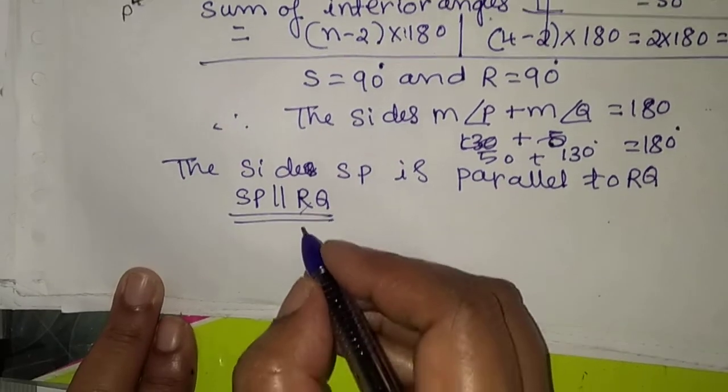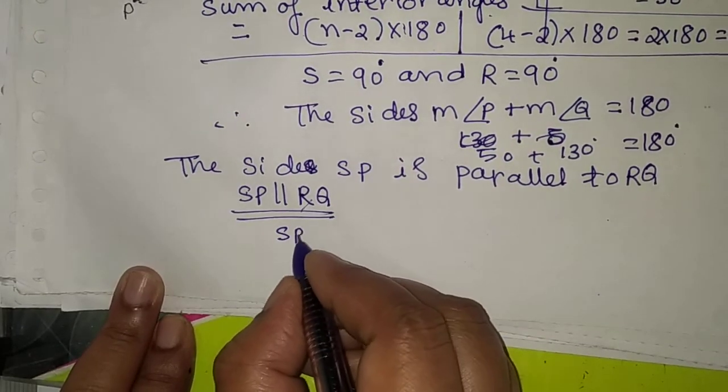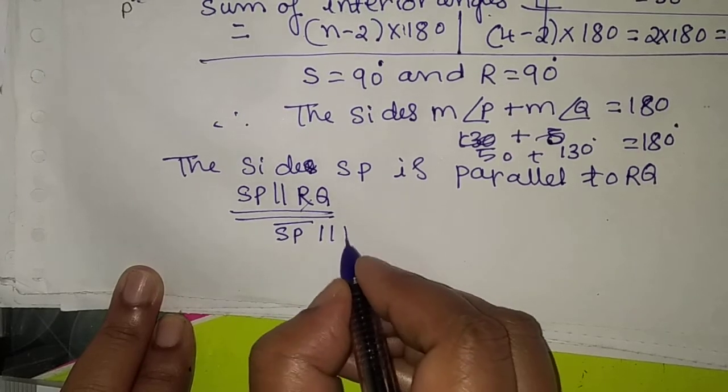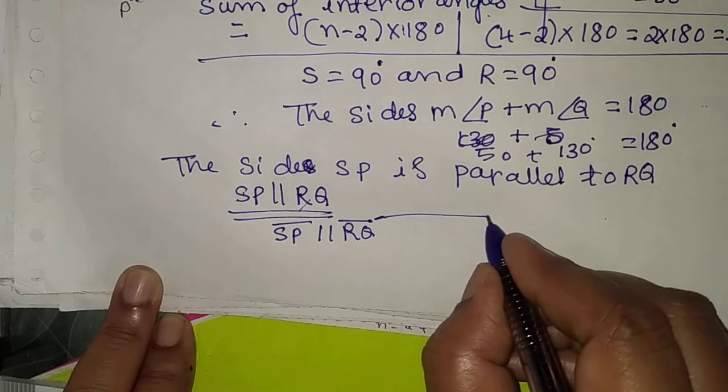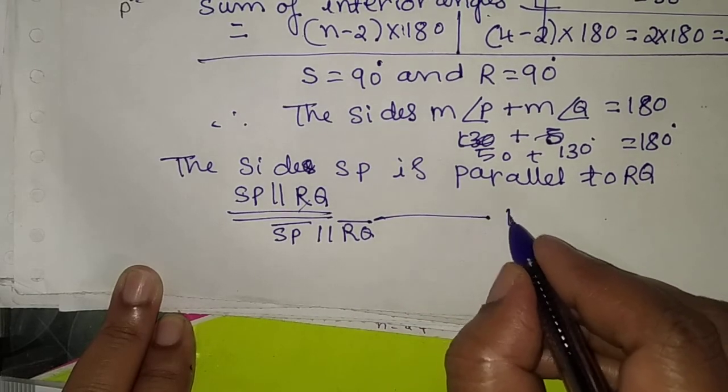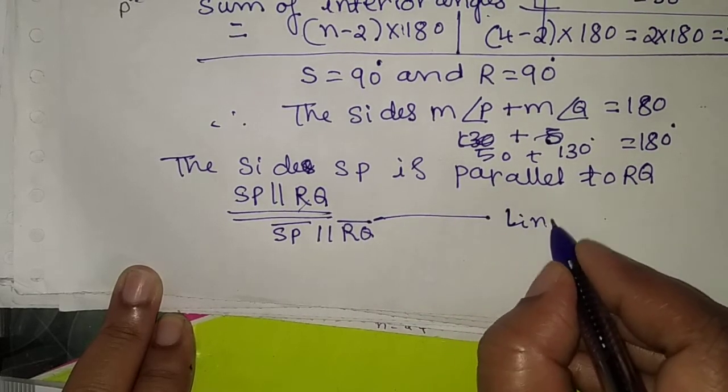See, this SP with a bar they have given, parallel to RQ. This bar indicates a line segment.